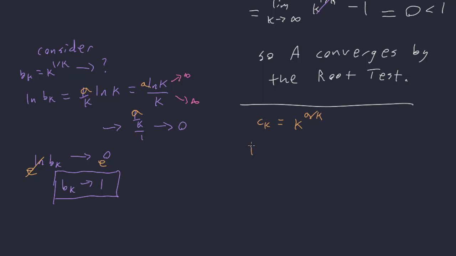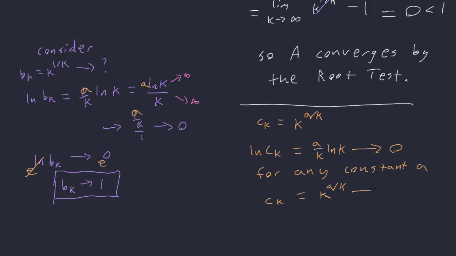Okay, which is interesting. So the ln of c sub k, which is a over k times the natural log of k, still goes to 0 for any constant a. Okay, so that means c sub k, which is k raised to the a over k, will go to 1 for any constant a.